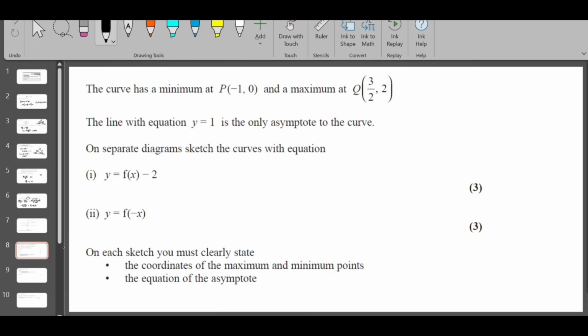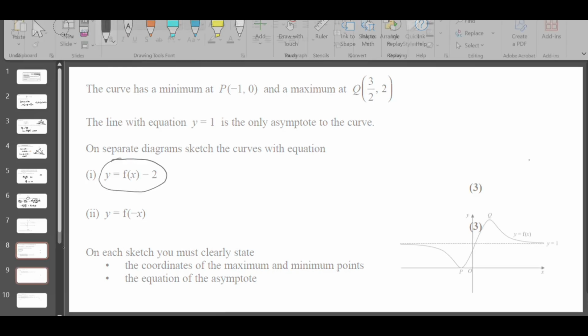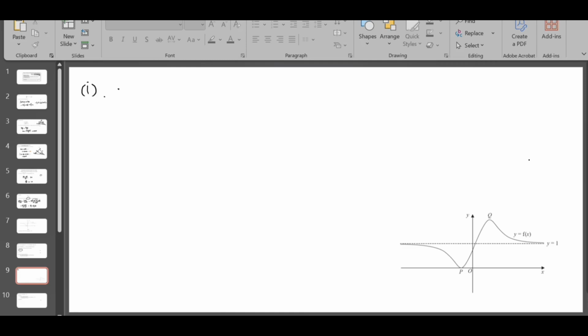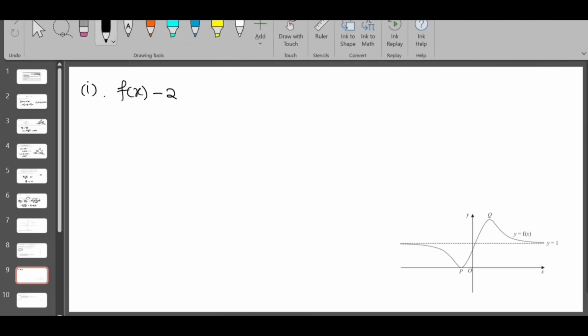First, I'm going to show you how to sketch f of x minus 2. You should know what transformation this is. When we put minus 2, the graph will be moved down 2 units. It's a translation, right?